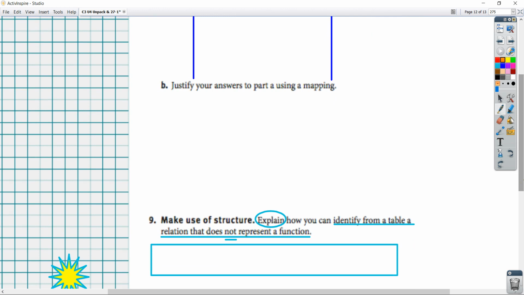Okay, so I'm guessing you finished that, so we're going to move on. Make use of structure. Explain how you can identify from a table a relation that does not represent a function. For this one, it's going to be repeating the same thing we've already repeated.